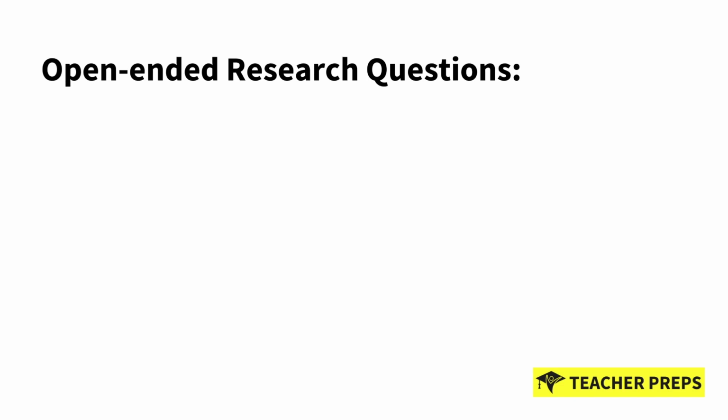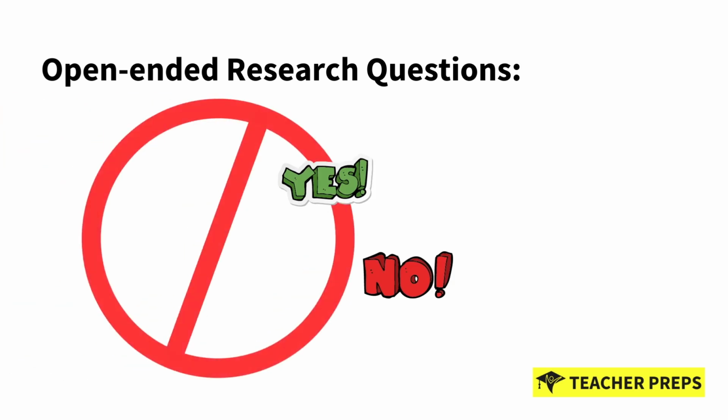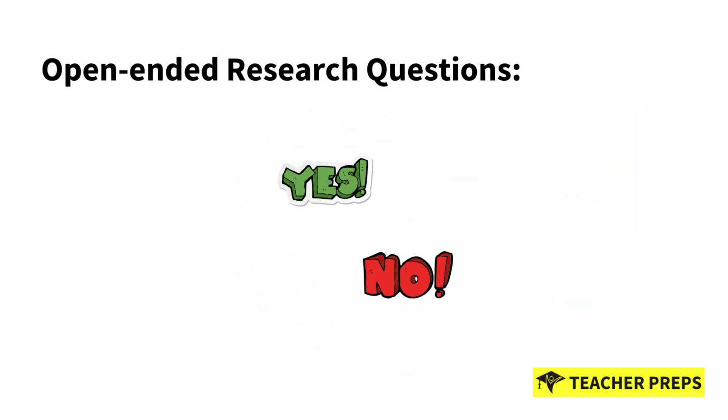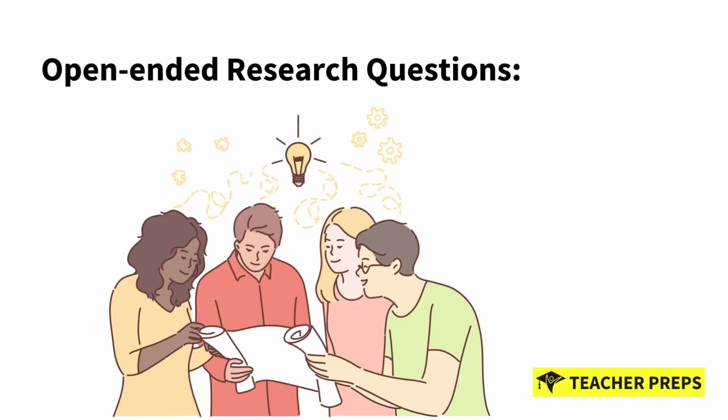We're going to start with the basics: open-ended research questions. Let's start with what they are not. Open-ended questions are not the ones that result in a yes or no question. So, what they are: open-ended research questions prompt in-depth exploration and allow for multiple perspectives.